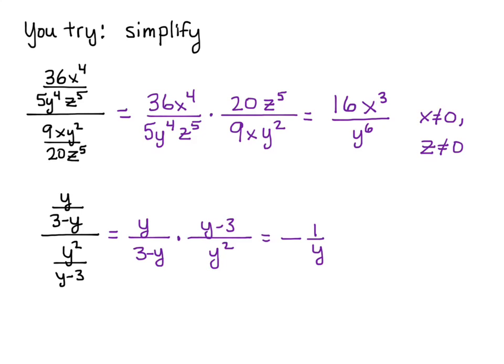And then it's a matter of, what are my domain restrictions? Y can't be 3, because if it was 3, we'd have division by 0 here and here, and that can't be. So it's also implied that y can't be 0, because then we'd be dividing by 0 because of that y squared being 0. Yes?